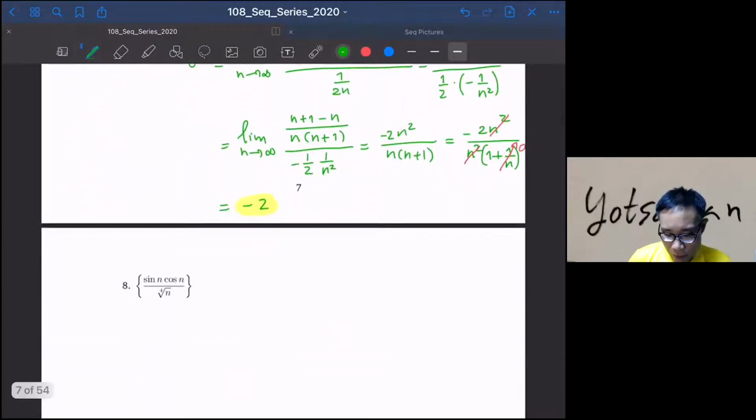The next one, you have sine n cosine n over the fourth root of n.